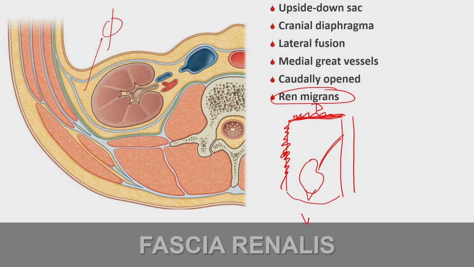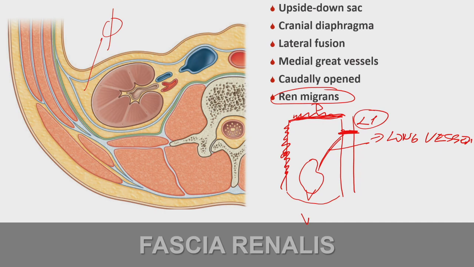So this is a migrating kidney, ren migrans, and it's important that you can see long vessels, but they are originating at the region of about L1.